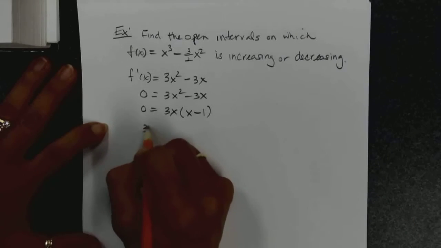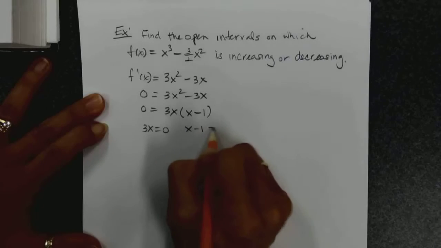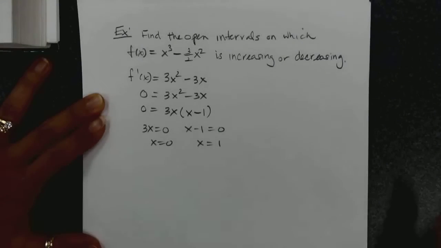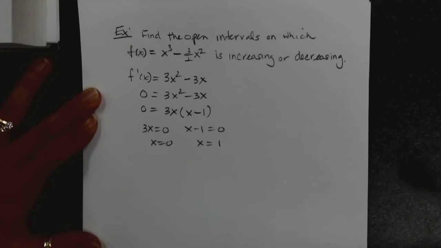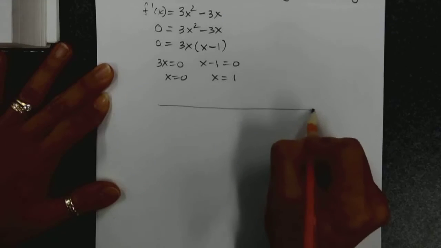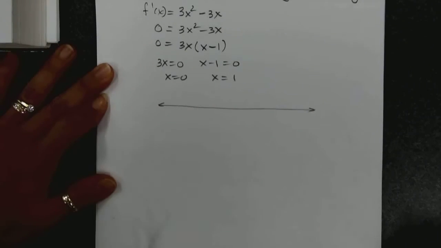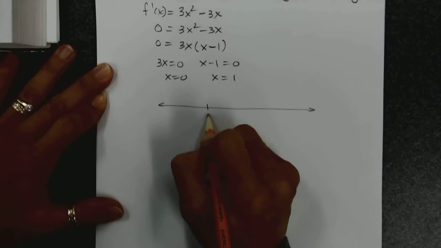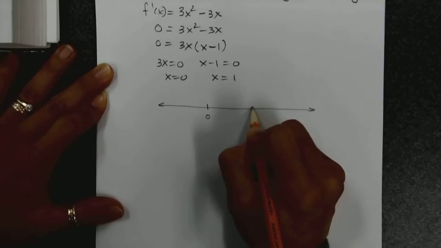So 3x equals 0 and x minus 1 equals 0, so x is equal to 0, x is equal to 1. Those are my critical numbers. That's where the maximum or minimum occur. So now we're going to set up a number line and determine whether the function is increasing or decreasing at those points.